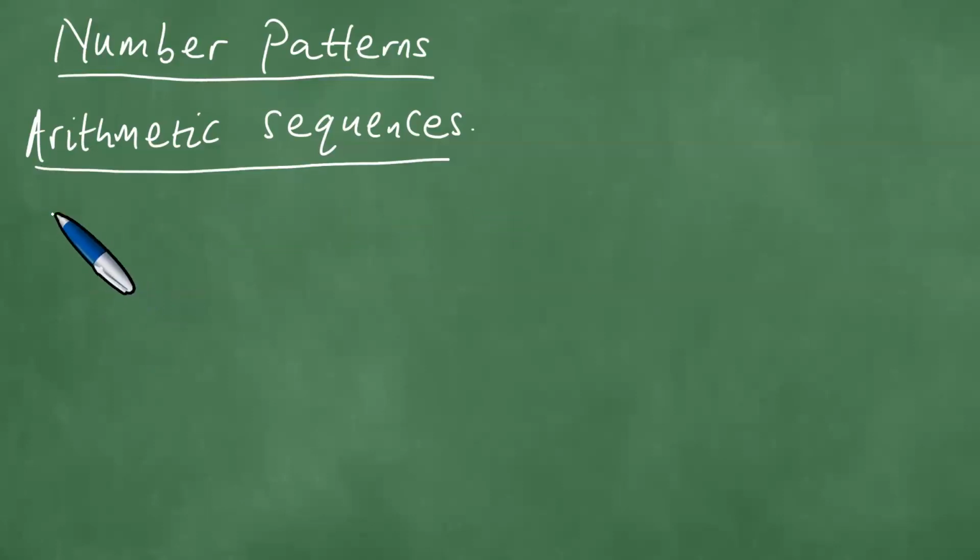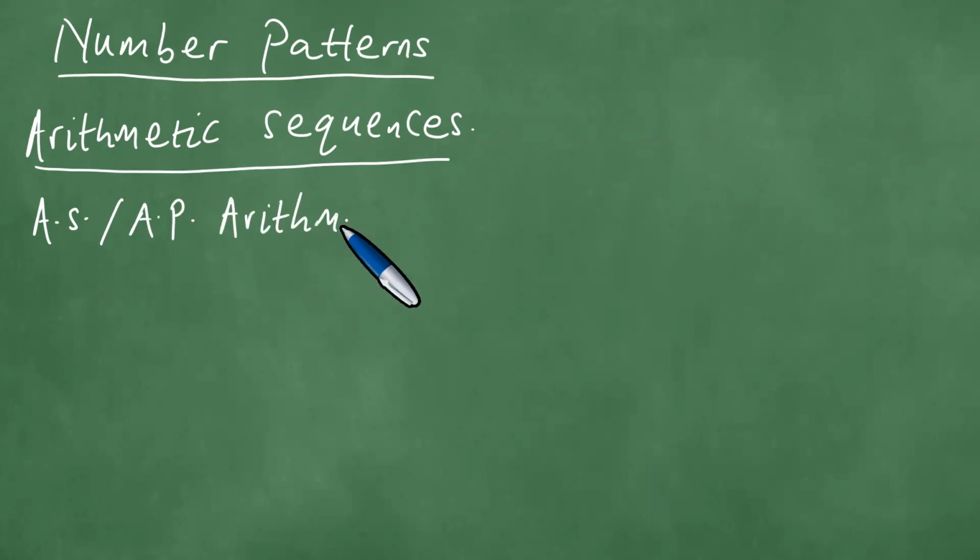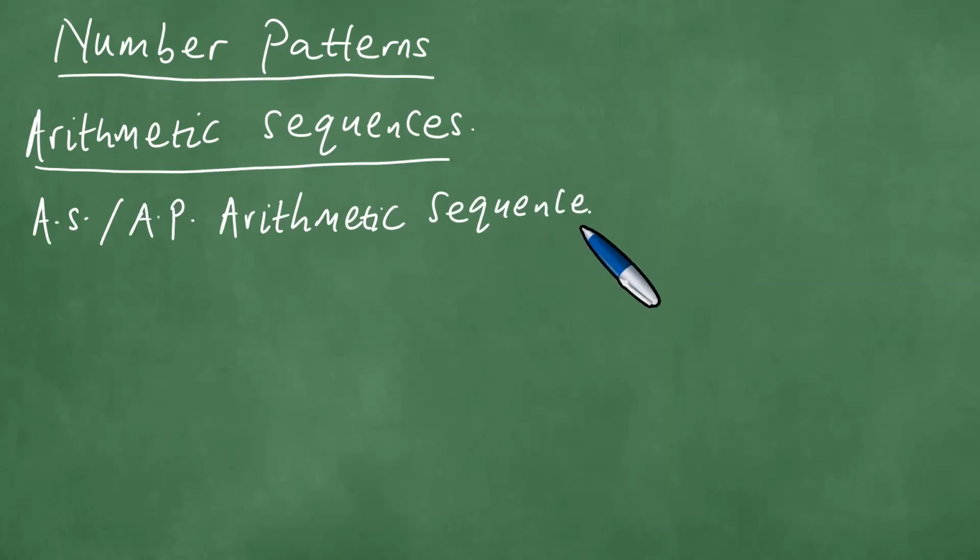We normally call them the AS, or we call them the AP. The AS stands for arithmetic sequence, but also we have the AP, which means the arithmetic progression.